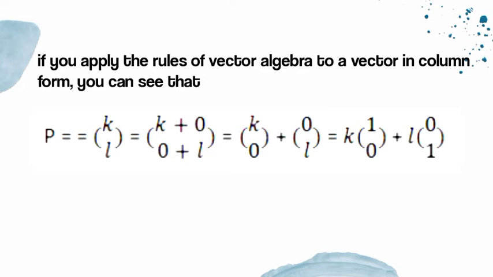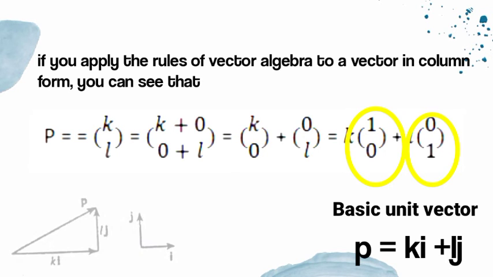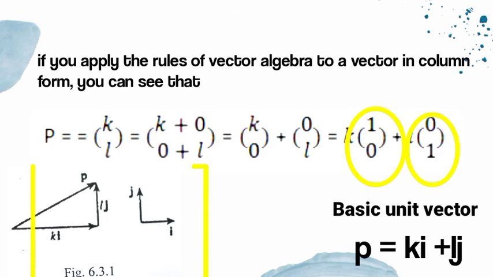The vectors (1, 0) and (0, 1), which appear in this last expression, are called basic unit vectors in the x and y directions. They are denoted by the letters i and j. So, P is ki plus lj. This is illustrated by figure 6.3.1.